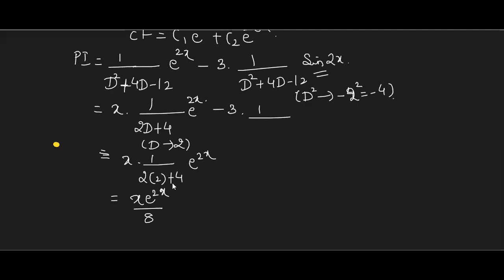So d square is minus 4, plus 4d minus 12. Other terms should be kept as it is. Only replace d square. So just see what terms you will get. This is 4d. Minus 4 minus 12 is how much? Minus 16. Minus 16 and 4d.